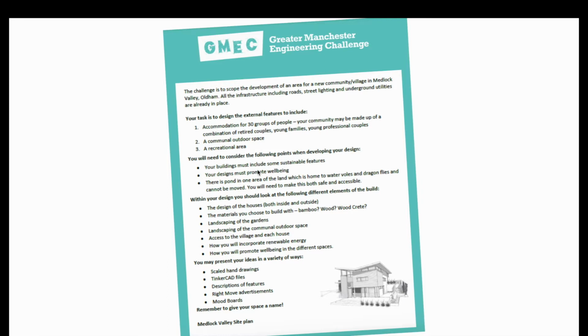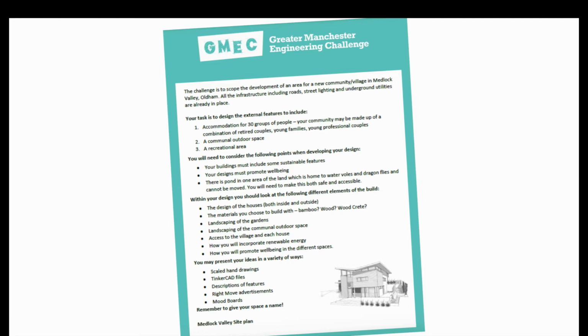Your buildings must include sustainable features, which we've learnt about before, and promote well-being as well. And it also states that we need to think about how we're going to incorporate renewable energy into our space as well. So lots of things to think about there.